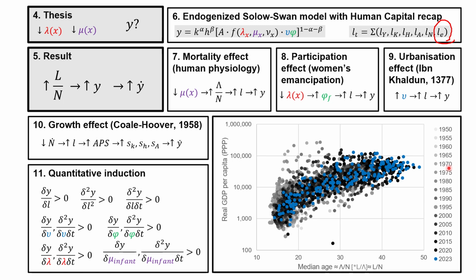And of course, this is data going back to 1950. We get this from the Penn World Table in terms of GDP per capita and the UN in terms of median age. And we can see a very consistent result that the demographic transition really is a causal force that has an expansionary effect on growth and productivity.